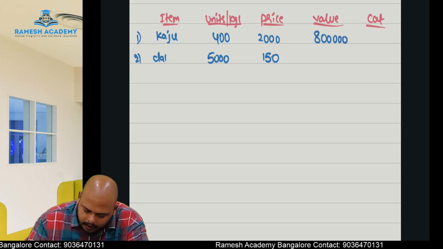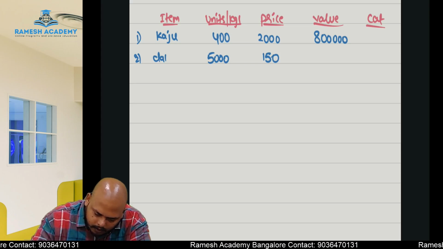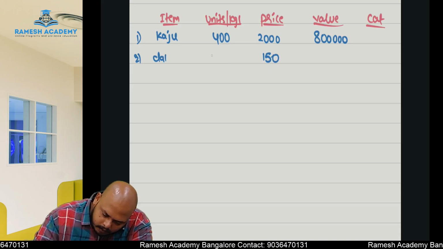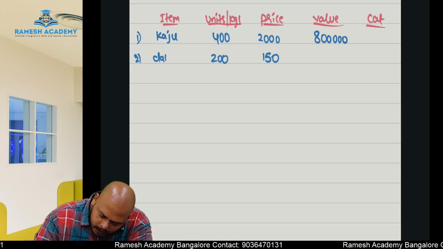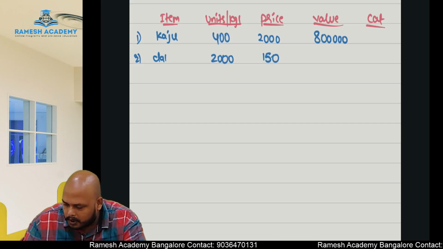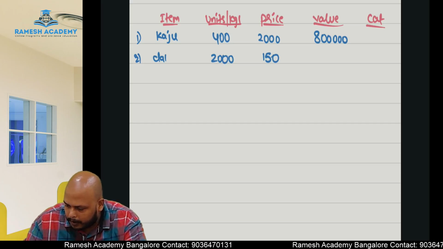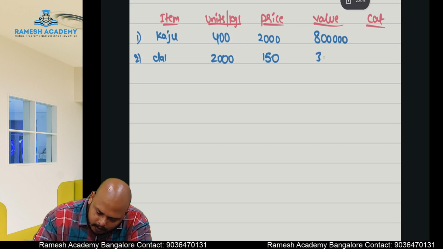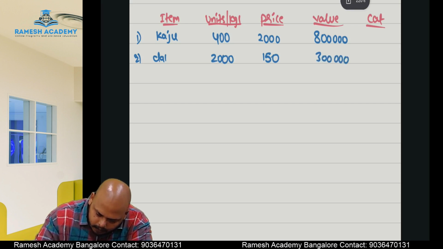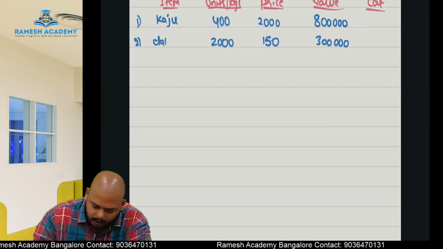Otherwise, instead of 5000 kgs, let us take 2000 kgs now. 2000 into 150, that is nothing but 3 lakhs.